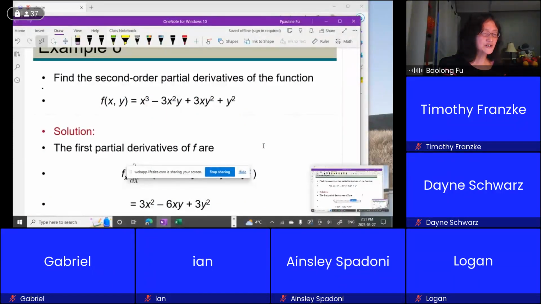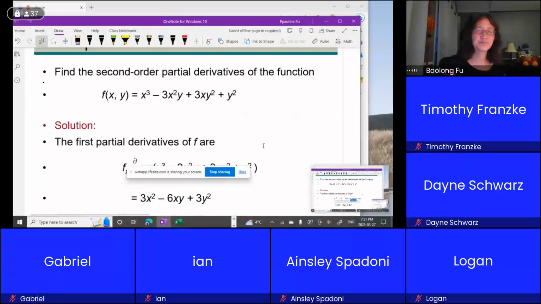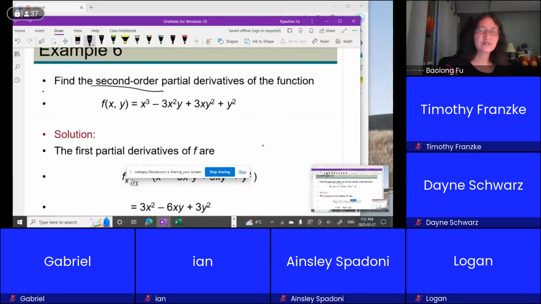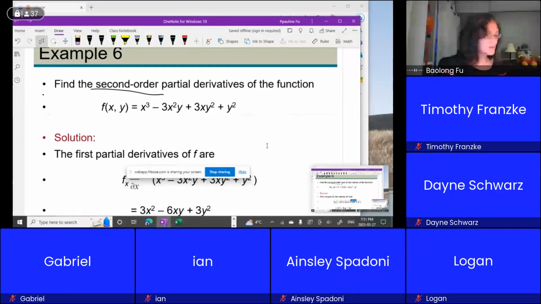Second order partial derivative. I'll try to find the notation.